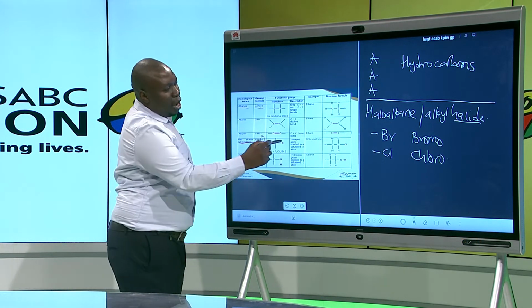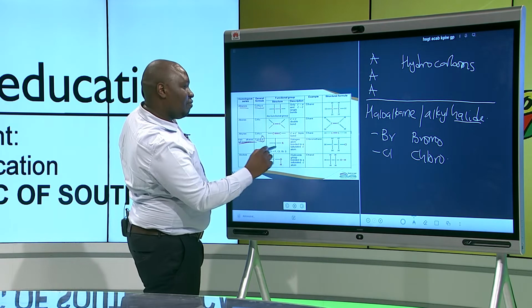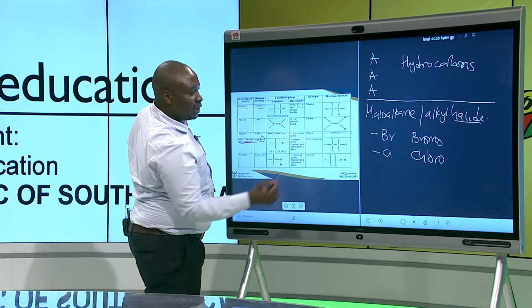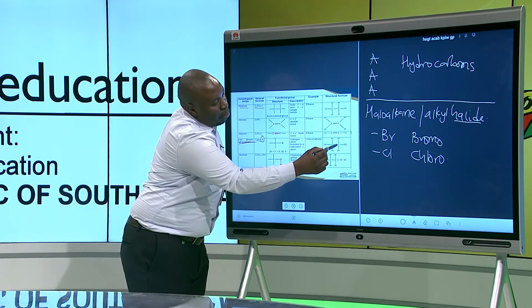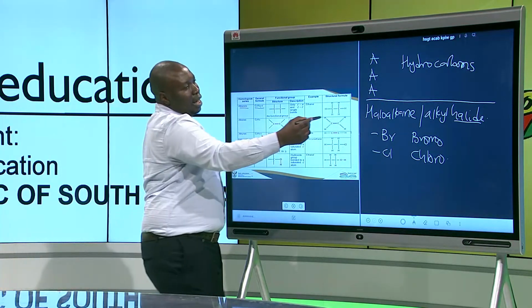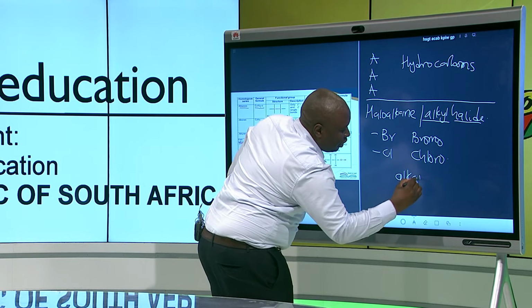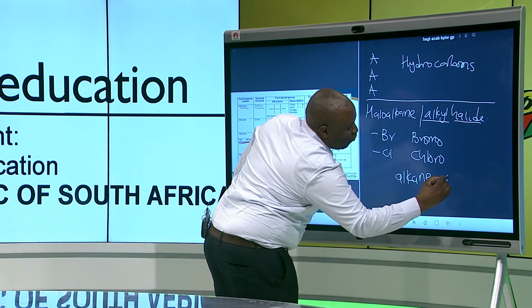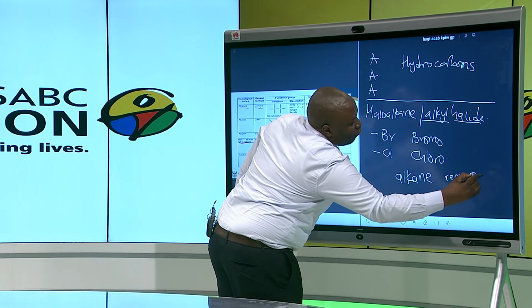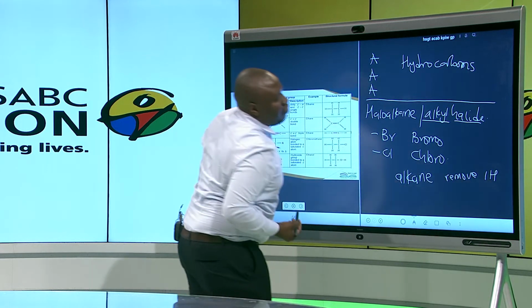The example we have here is this structure. Remember, I said alkyl is what you get when you remove 1 hydrogen from an alkane.